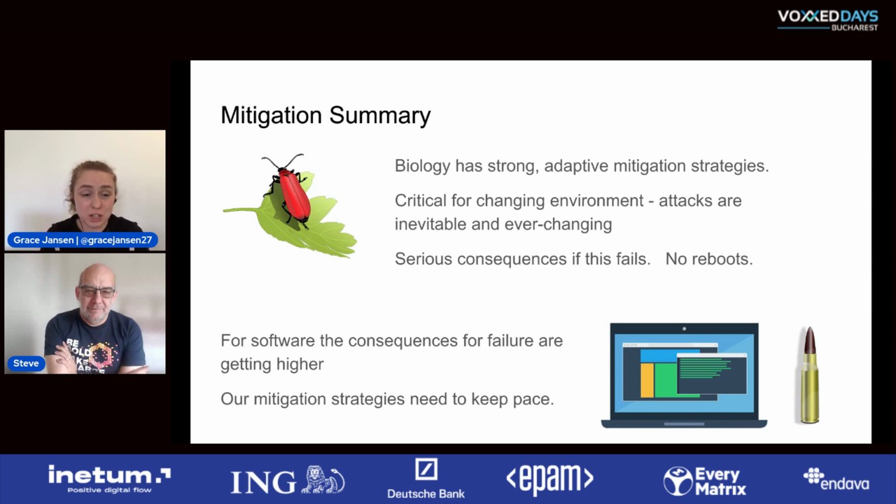And so it's really critical for us, especially because our environment is constantly changing. Viruses are constantly adapting to try and get in. So these attacks are inevitable. It's going to get past our defense systems at some point. So we have to have the mitigation strategies in place to be able to deal with those ever-changing infections and bad actors. So yeah, there are some serious consequences in biology.